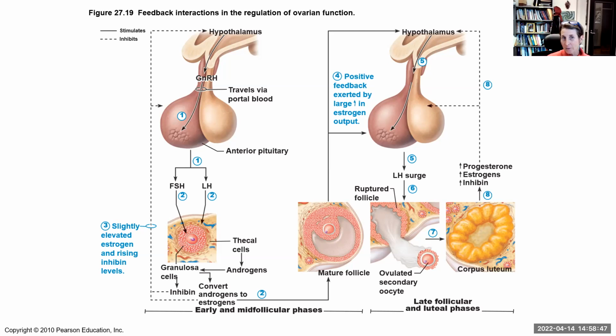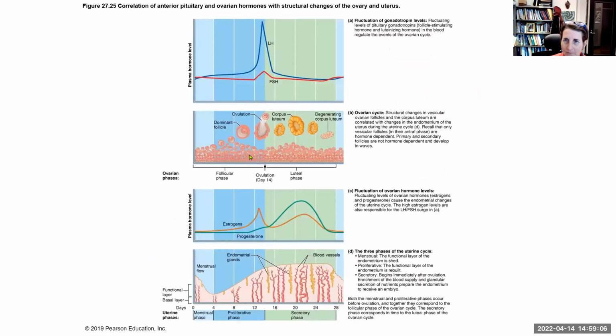And that's going to continue, which should make you pause and think, well, then how's the next egg going to develop? What about our next round of oocytes? Well, here we go. So let's focus on this ovarian phase here.